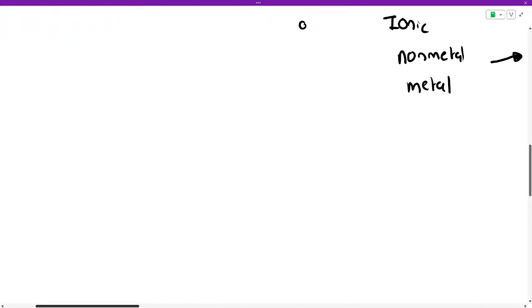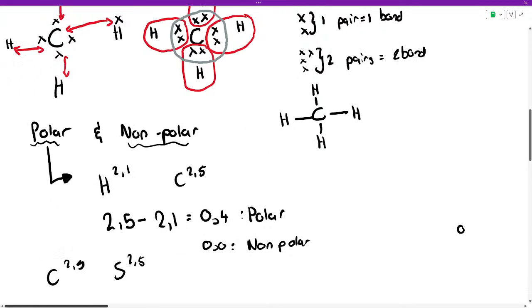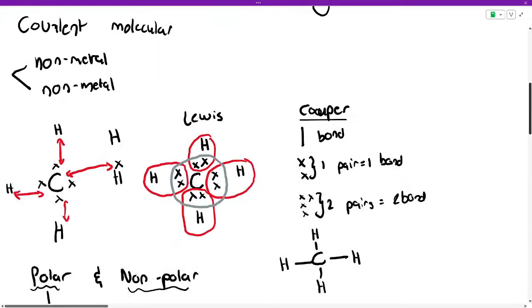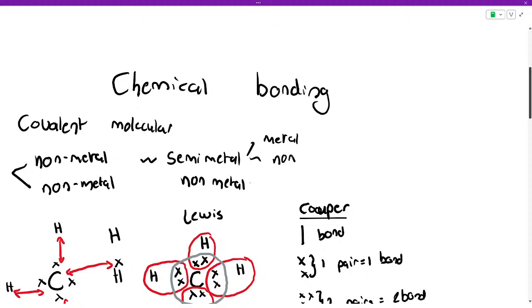That's here. So I said non-metal. It's between a non-metal and a non-metal for covalent molecular. However, there is an exception. If it's between a semi-metal and a non-metal, then technically it's a combination of a metal-ish and a non-metal, so it falls on the covalent side, right?